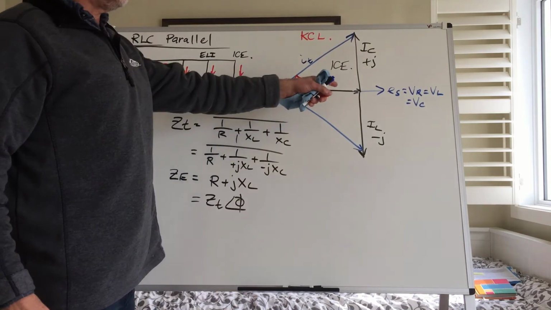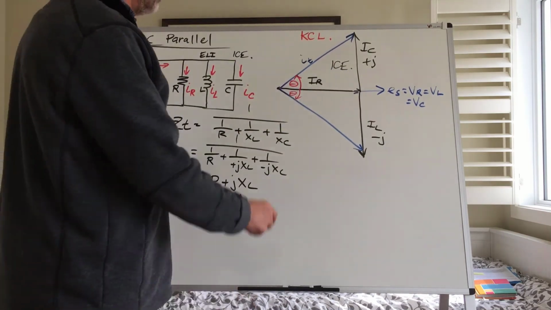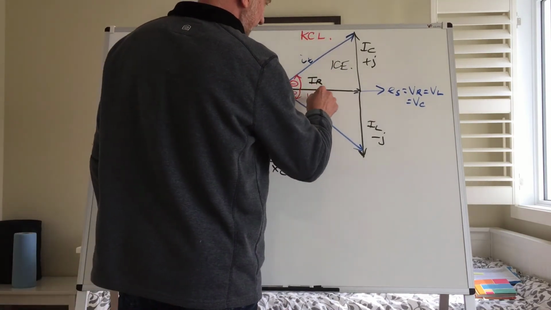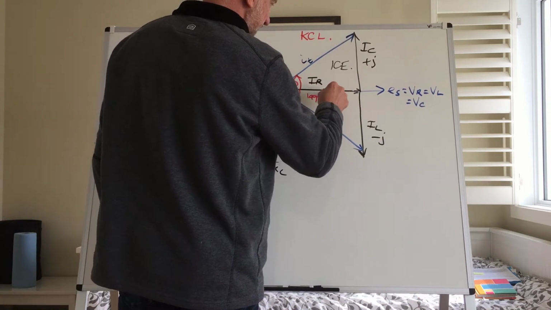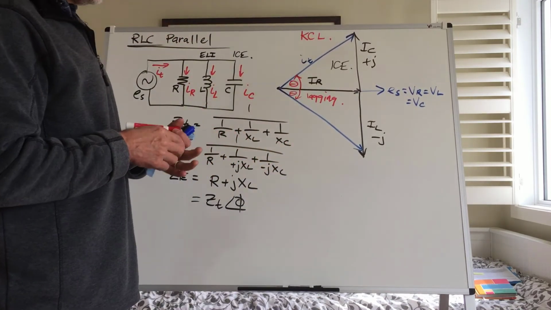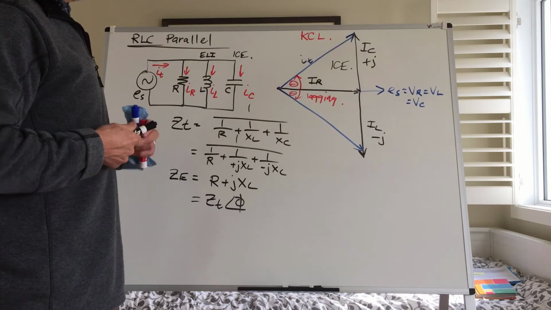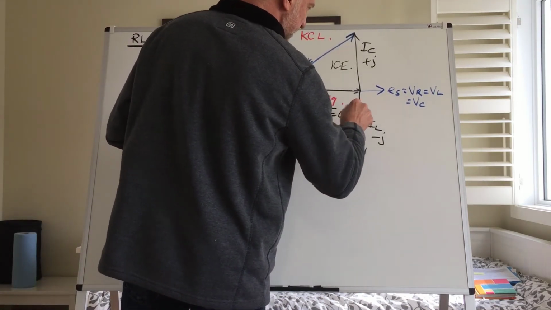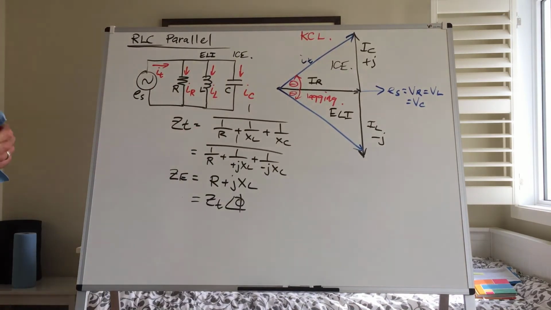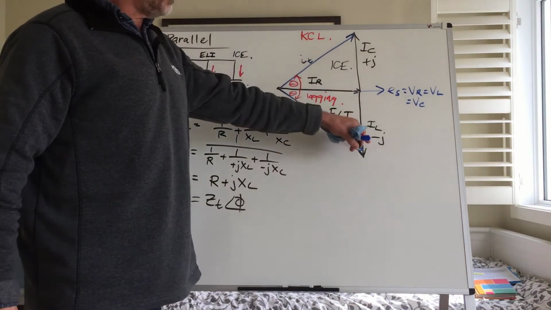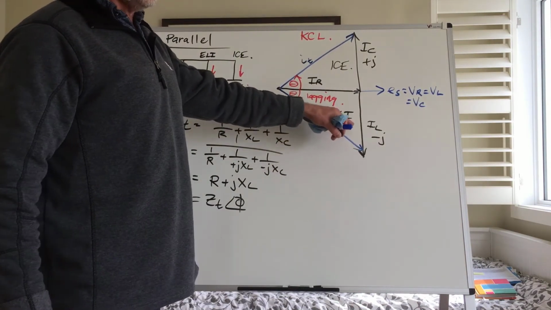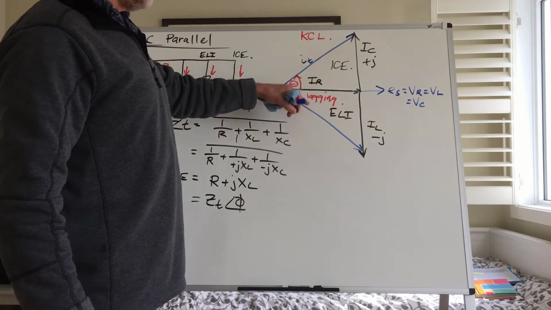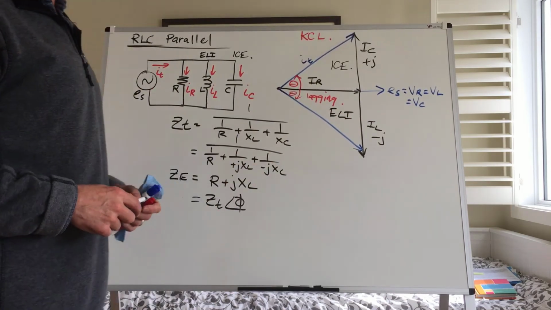If we've chosen the reference as the applied voltage, this is a lagging current. And we know that ELI should be indicating that relationship if we've done this all correctly. This is our verification that we've drawn this all correctly. We can see that primarily IL is going to have to be ELI, and we have a lagging current from our voltage. Okay?